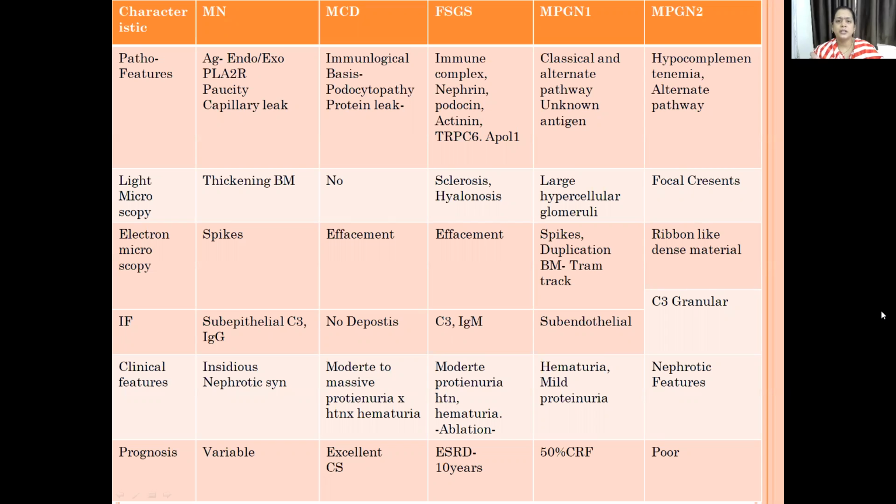Okay, if there is a mutation in podosin, it will cause steroid-resistant nephrotic syndrome. If there is a mutation in alpha-actinin, it will cause an autosomal dominant type of nephrotic syndrome. Okay, TRPC6 is an essential channel which controls the calcium flux, so any mutation in that will cause FSGS. There is also something called apolipoprotein 1 which is implicated in the pathogenesis of focal segmental glomerular sclerosis.